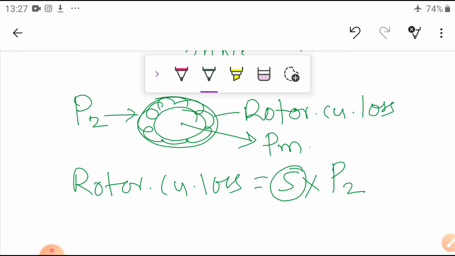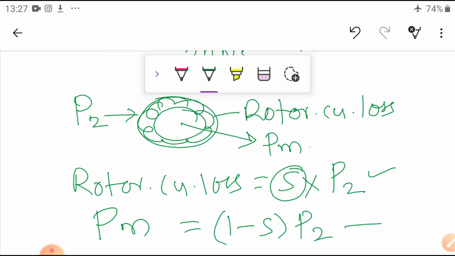At the same time, PM, the mechanical power developed, is 1 minus S into P2. Already we know, the mechanical power developed can be calculated in terms of the input to the rotor, that is 1 minus slip into P2, and S into P2 goes to the rotor copper losses.